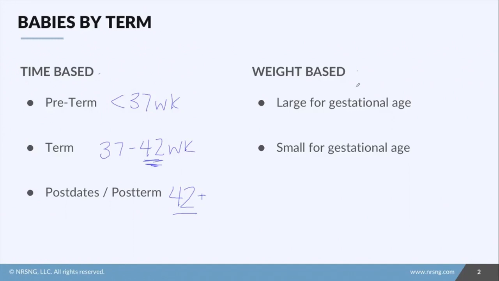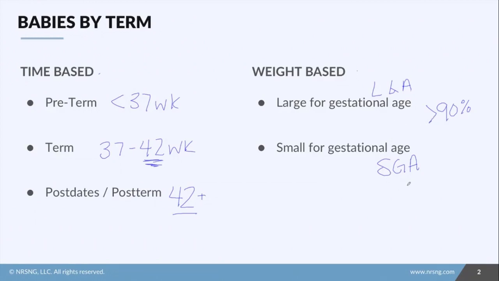Our weight-based kiddos. So these are going to be described as large for gestational age or small for gestational age. And for short, we call these LGA and SGA. So our LGA babies are those that are over the 90th percentile. And this is just purely looking at their weight to their gestational age.